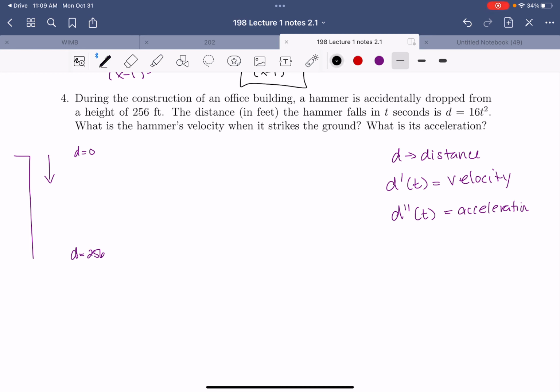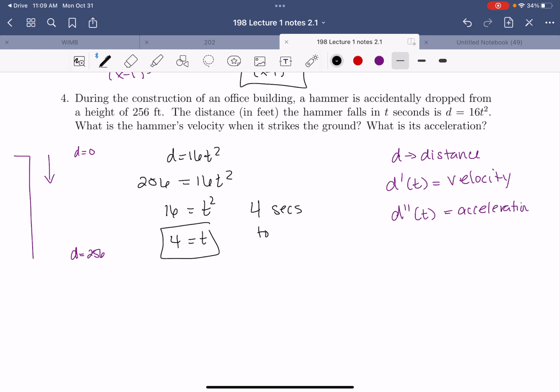So if we have d equals 16t squared, set our d equal to 256, divide both sides by 16, and take the square root. So t is equal to 4. So 4 seconds to the ground. That's important for us to know.